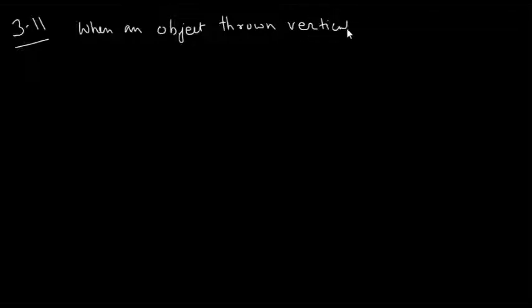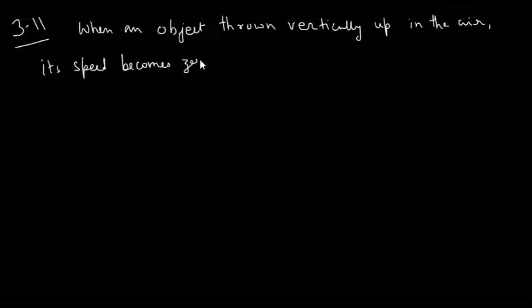3.11. So when an object is thrown vertically up in the air, its speed becomes zero at maximum height.